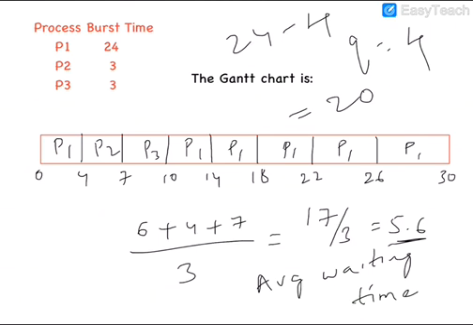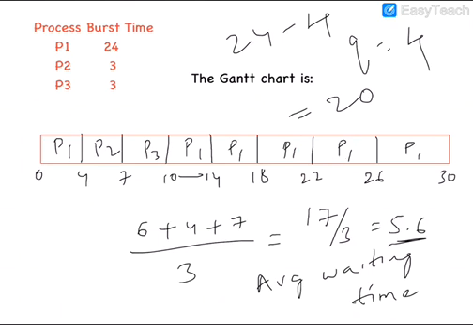So P1 is allocated, and it runs for 4 units of time, the time quantum, which elapses. Again there are no other processes, so again P1 is allocated, again 4 units of time elapse, and again no other process is in the ready queue, so P1 is assigned again.